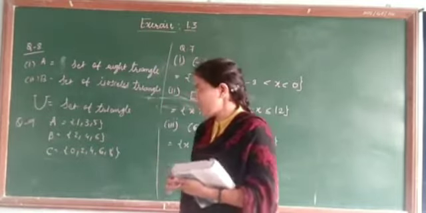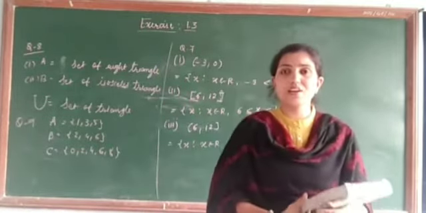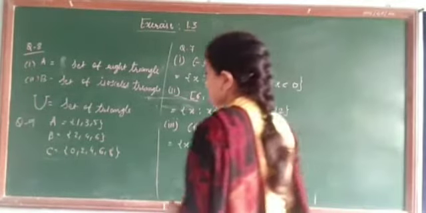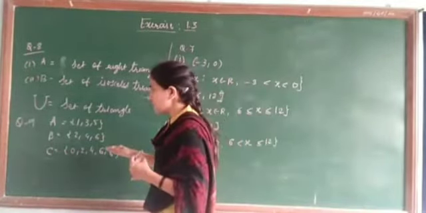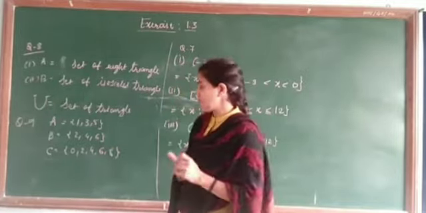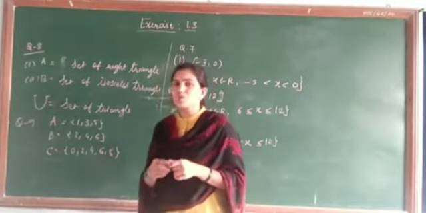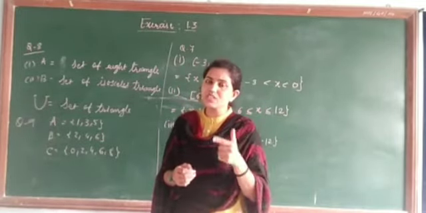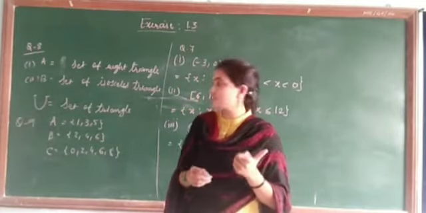Students, always remember, whenever you have to consider a universal set, it must be a superset of the given sets. So here you have 3 sets. So whenever you consider U, first keep in mind that all the elements should be there in the U. So you can take the first one, which is 1, 2, 3, 5 and 6.